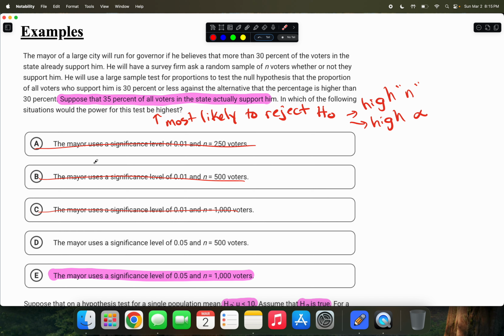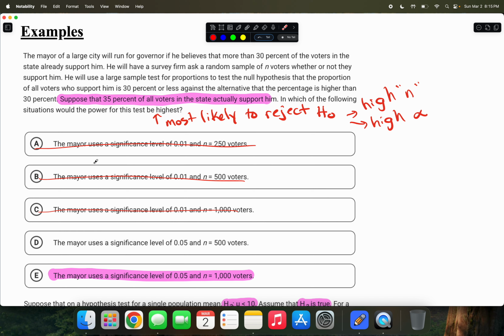He's going to take a big survey. And so what's important here is they're giving you the population number. They're saying, suppose that 35% of all voters actually support him. There's my population number. So, in which of the following situations would the power be the highest?